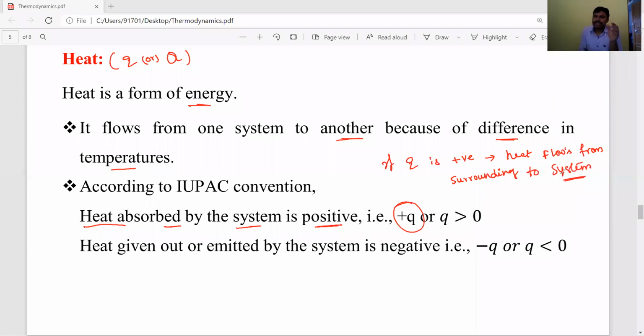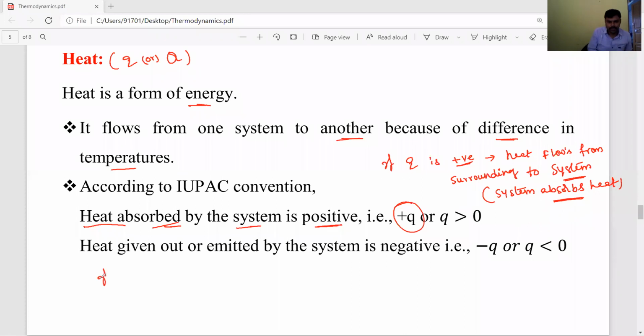Heat flows from surroundings to system means the system absorbs heat. If the system absorbs heat, then Q is positive. Q is positive means heat flows from surroundings to system.